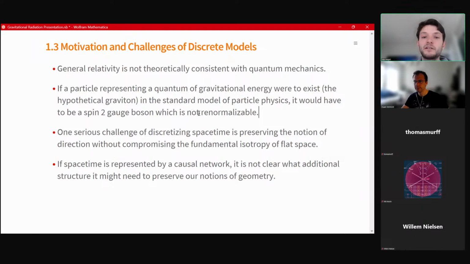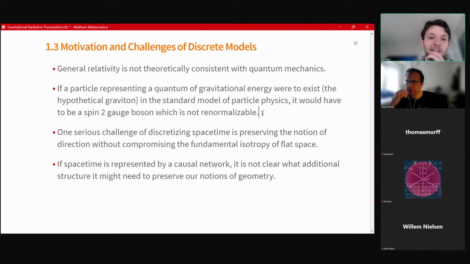But if you want to create a theory that's consistent as you take the limit as the distance goes to 0, you arrive at infinities that are kind of hard to do away with unless you use this procedure of renormalization. And the problem with making a graviton that fits with the standard model is that you can't renormalize it.